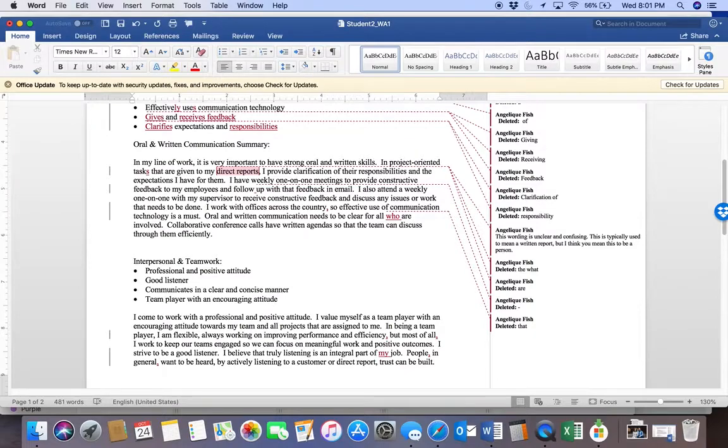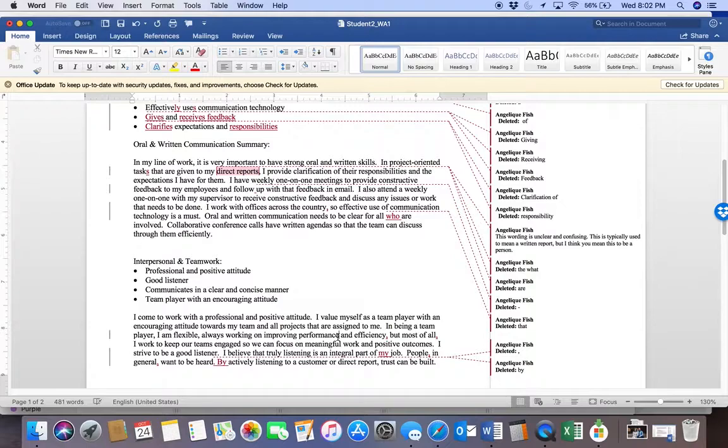Trust can be built. Okay, so that's actually a run-on. People in general want to be heard. That's a complete sentence. You cannot join two complete sentences with a comma. That's called a comma splice. So we can do one of two things. We can change this to a semicolon, because a semicolon can join two complete sentences on its own. Or we could put a period. By actively listening to a customer or direct report, trust can be built.